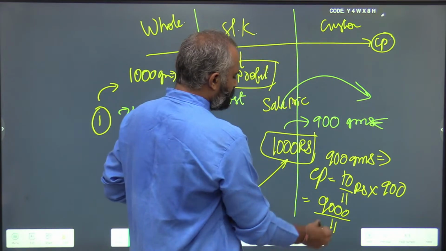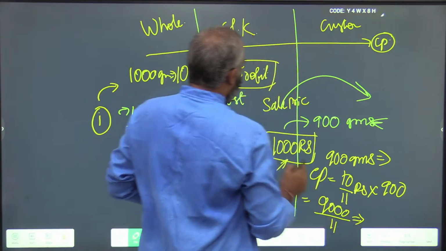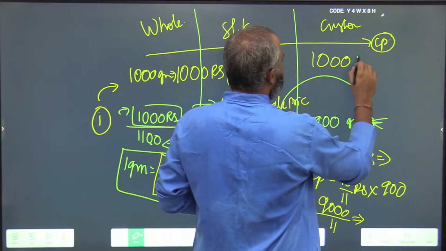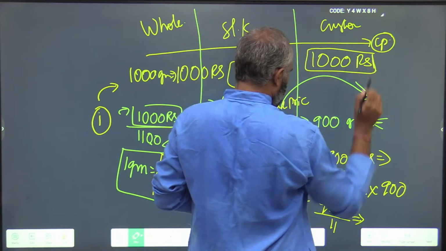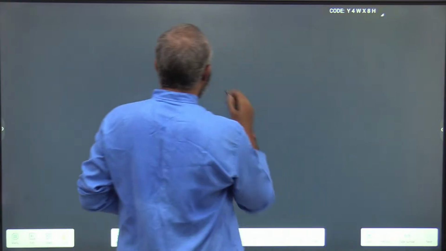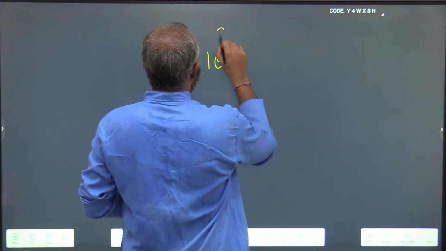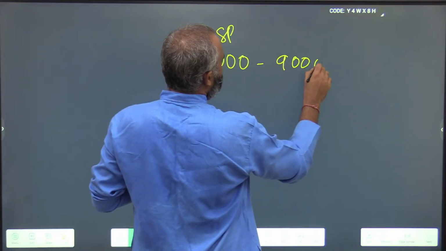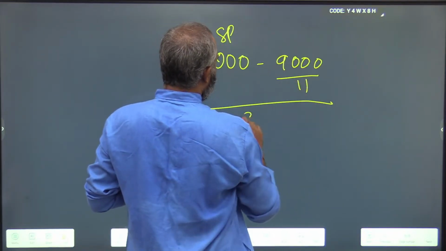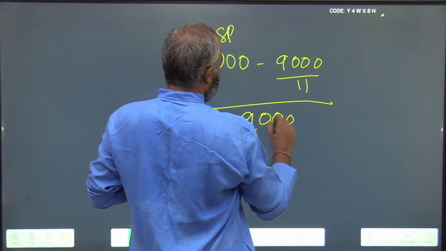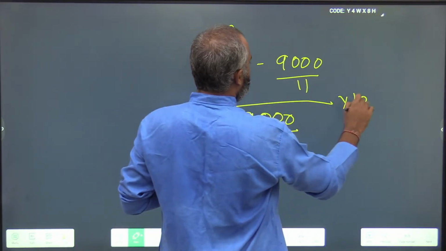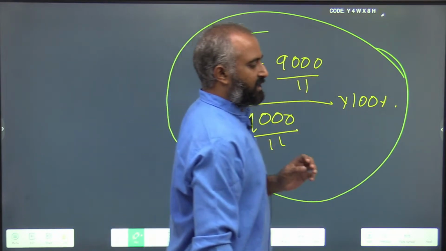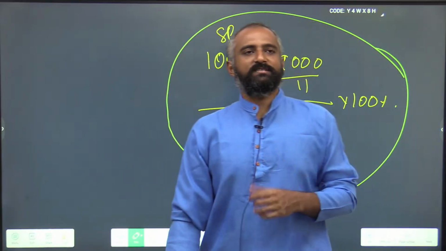His cost price is 9000 by 11, but he is selling at 1000 rupees. So, his profit will be selling price, 1000, minus 9000 by 11, divided by 9000 by 11, into 100%. This shows us the profit. This is a rather rudimentary way to solve such problems.